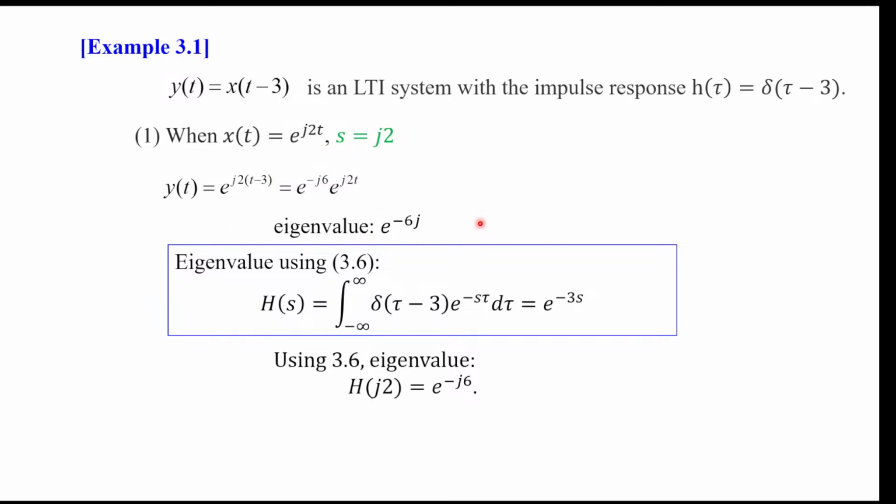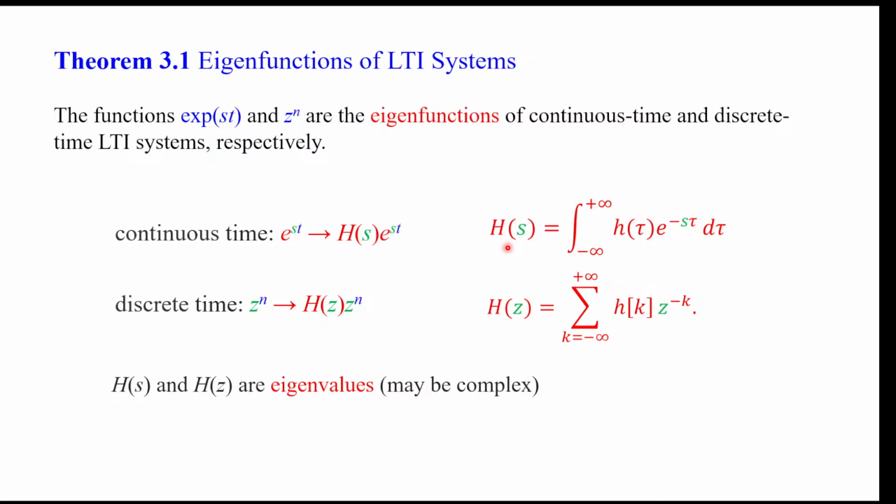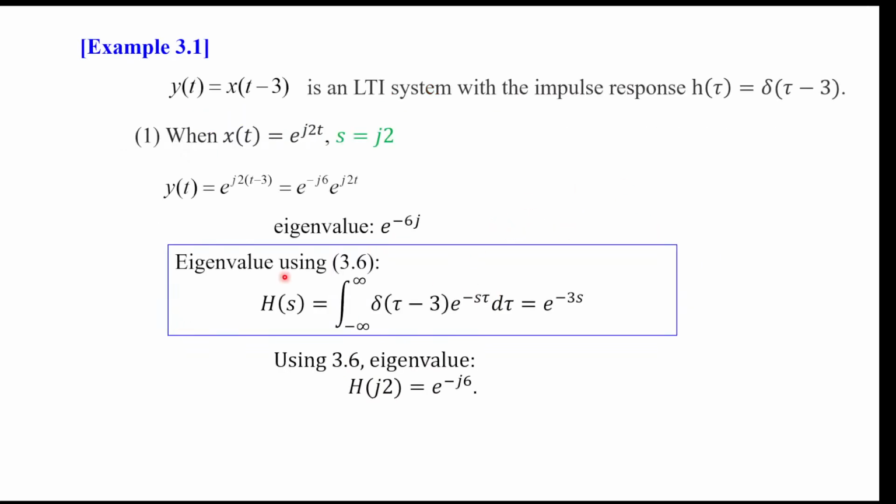We can check that this checks out with our eigenvalue calculation, this integration here. Big H of s should equal the integration of h of tau, so delta of tau minus 3 times e to the minus s tau.